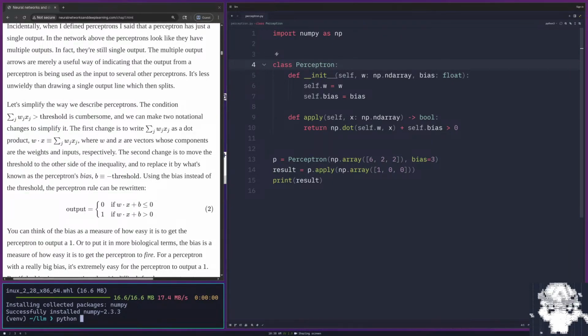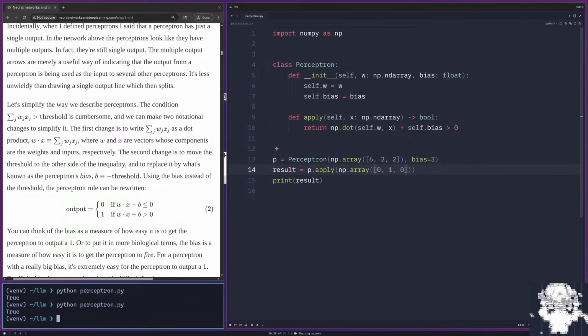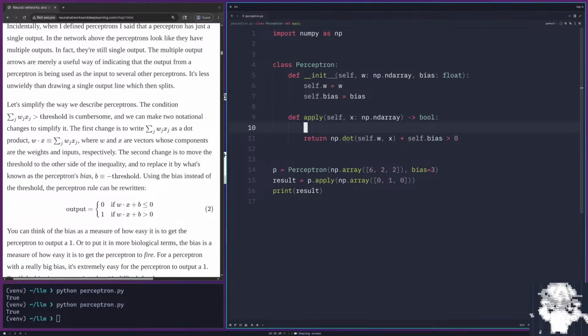Python perceptron. This is true. This should be false, but it's true. Okay, so let's print the intermediate values. Print the dot product, print self.bias.